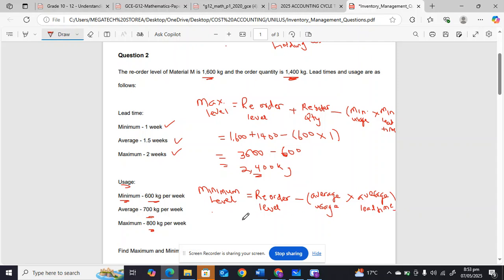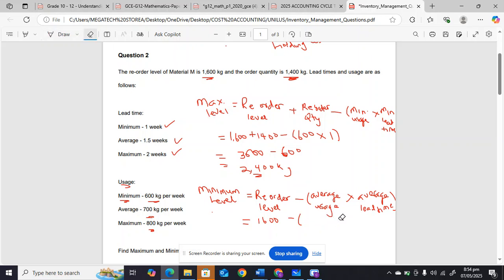So reorder level 1,600 minus our average usage multiplied by our average lead time. So I've misplaced here.